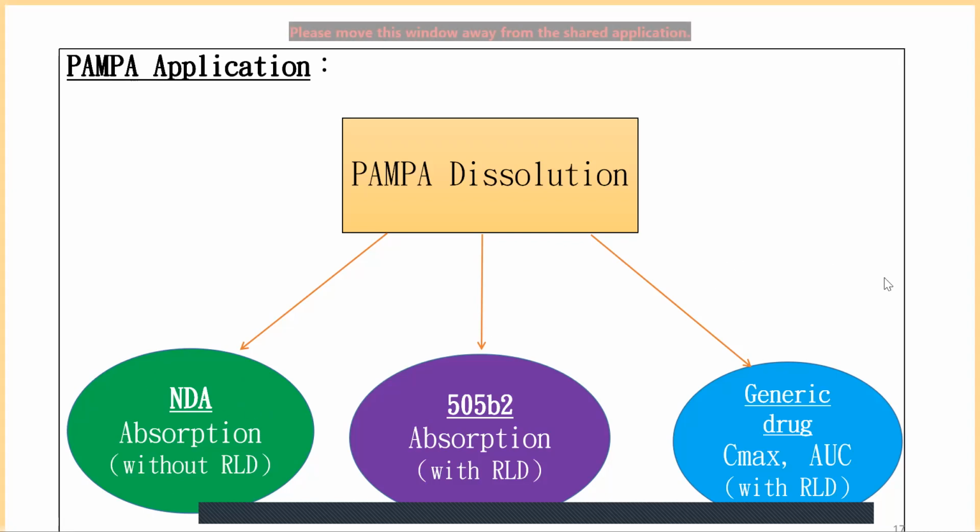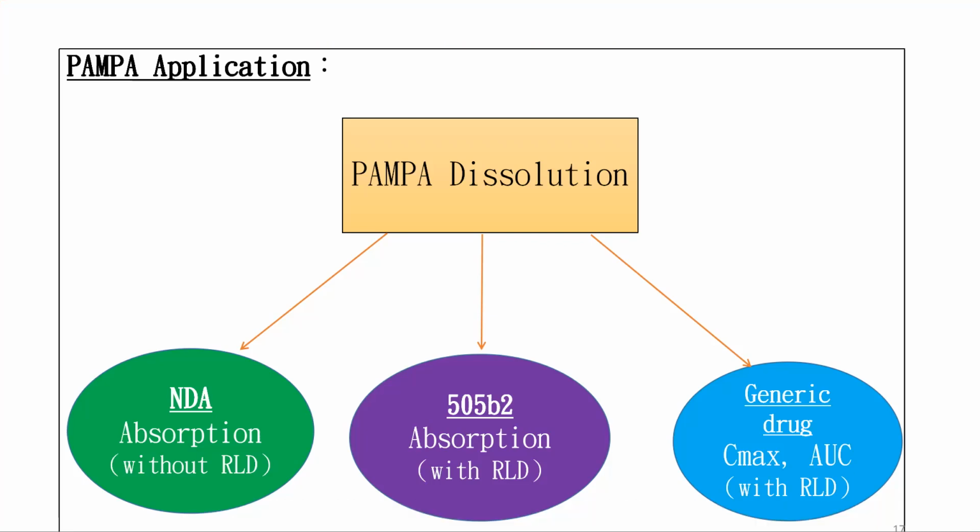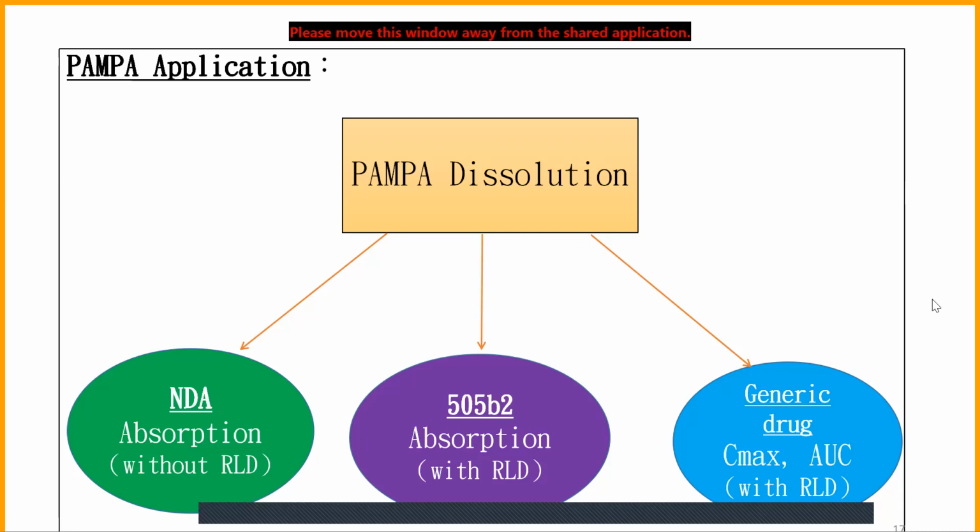Okay. So all in all, the PAMPA dissolution really is a very powerful tool today because it just came out maybe 2 years or so ago. And I hope that everybody can really study in this area that might help your drug development, right?